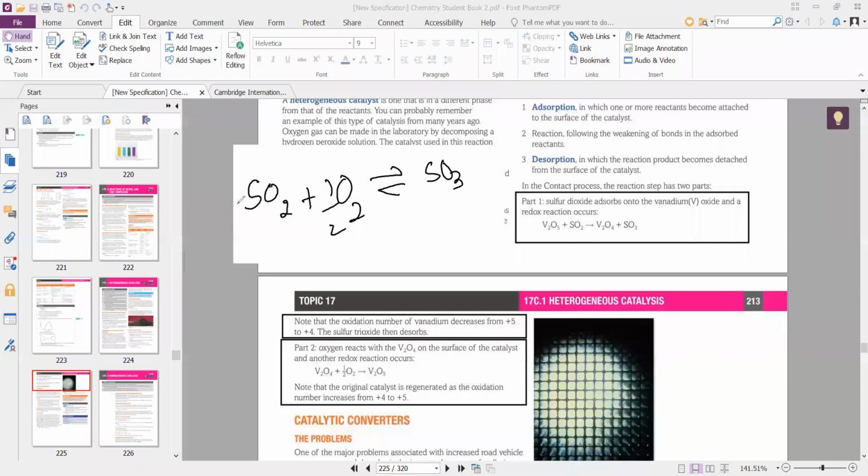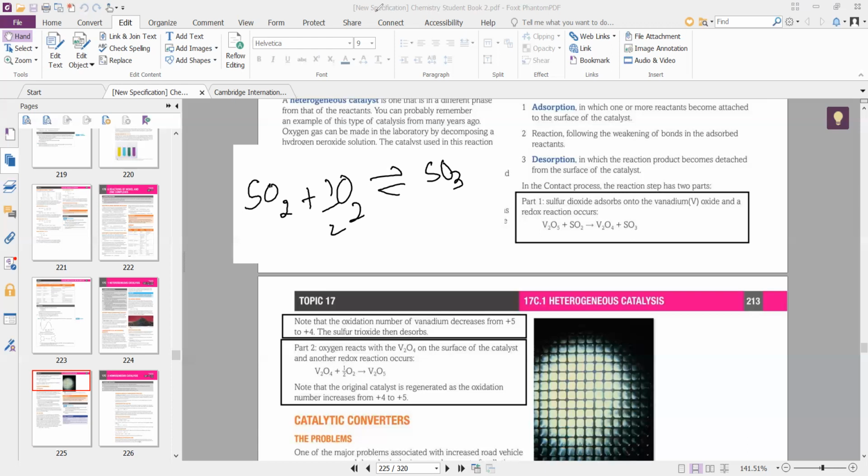In this reaction, vanadium 5 oxide reacts with sulfur dioxide and forms V2O4, vanadium 4 oxide, and sulfur trioxide. So the oxidation number of vanadium decreases from +5 to +4. Then the formed vanadium 4 oxide reacts with the other reactant, oxygen, and forms vanadium 5 oxide back.